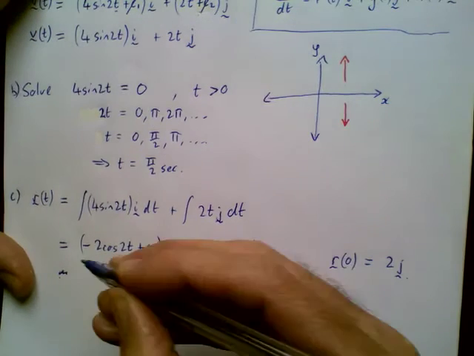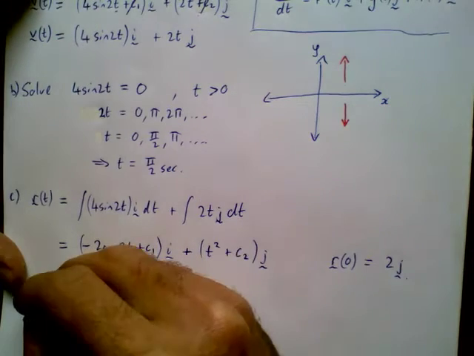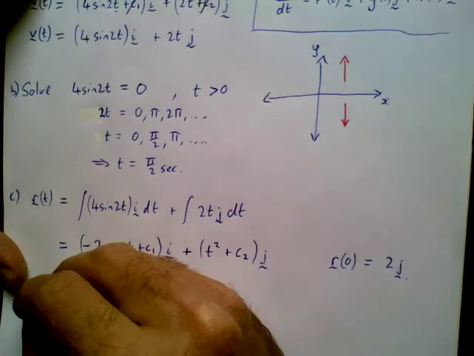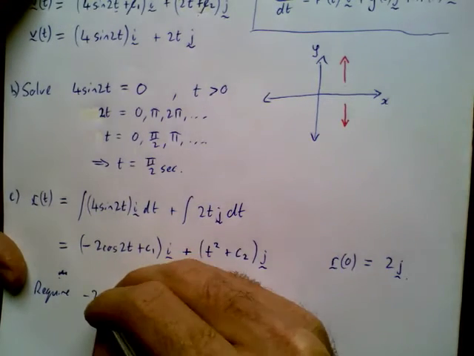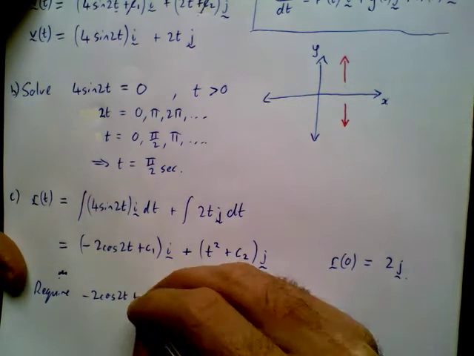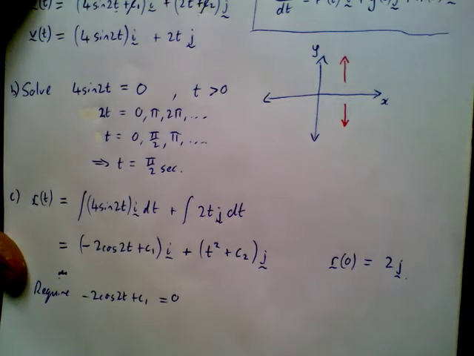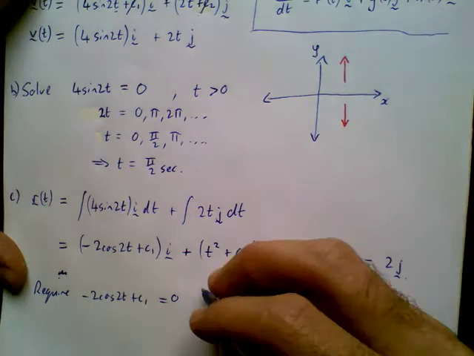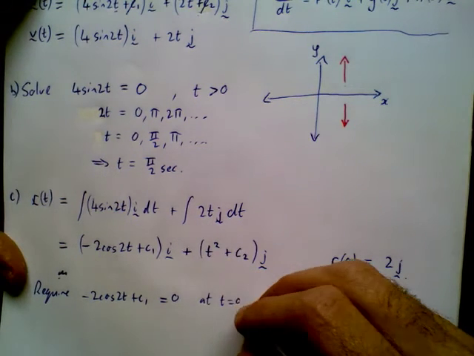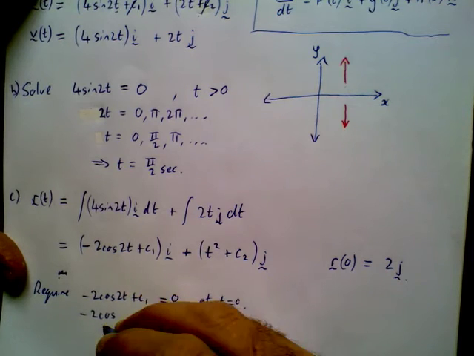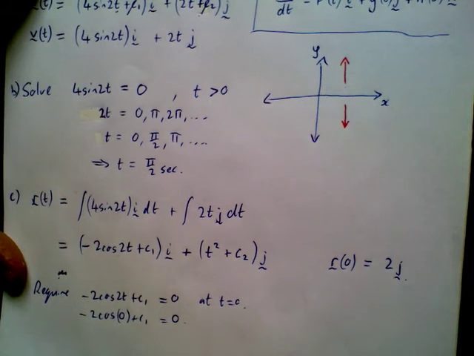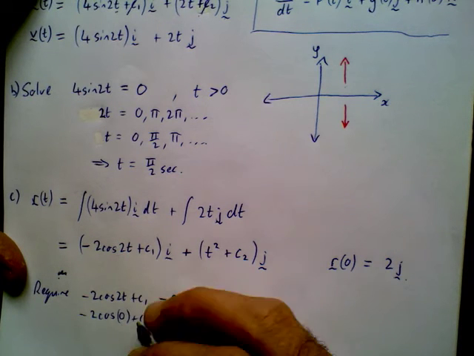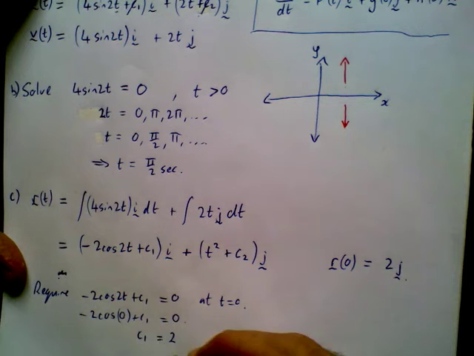So we require negative 2 cos 2t plus C1 being equal to 0, at t equal to 0. So we've got negative 2 cos 0 plus C1 equal to 0. Now cos 0 is equal to 1, so therefore C1 is equal to 2.